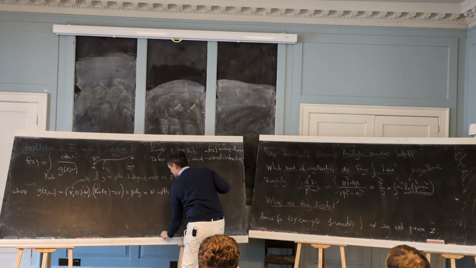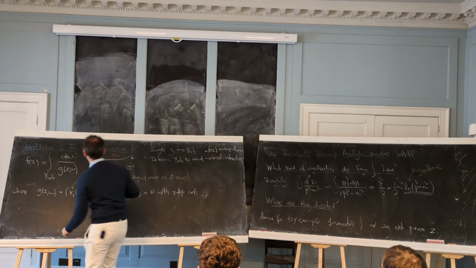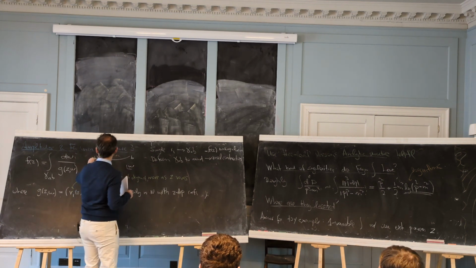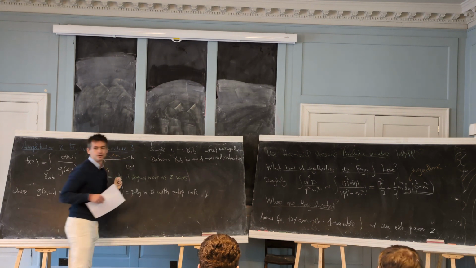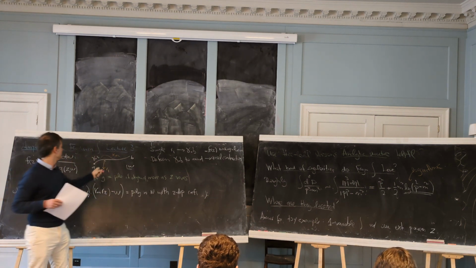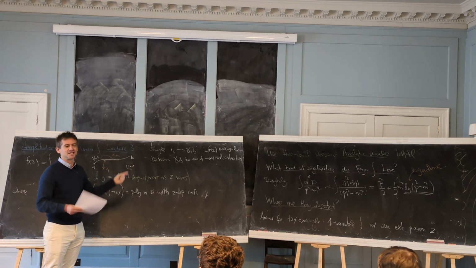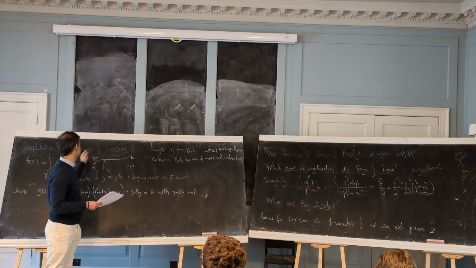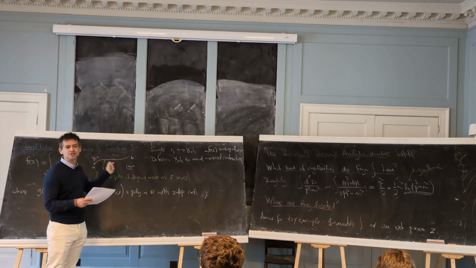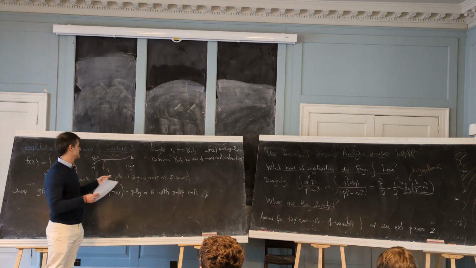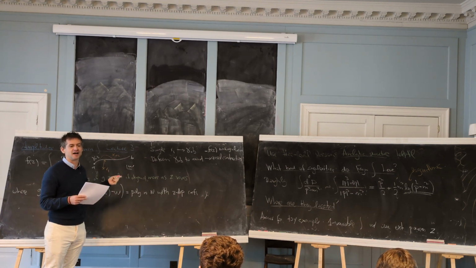So all I am saying is, let's pick this color, I deform my contour smoothly, and so I avoid this. This kind of analytic continuation, choosing another path where you have not crossed any poles, is really extending the domain of validity of your function.